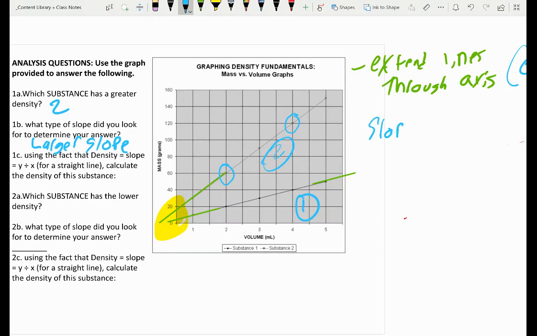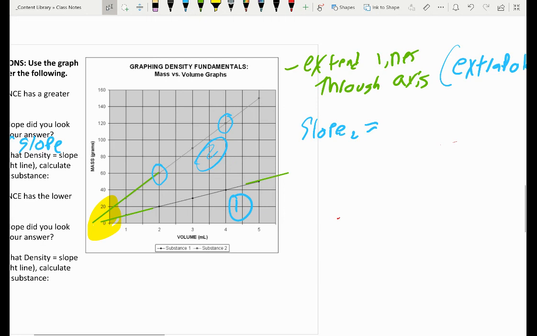So if we're finding the slope of the second line of substance 2, remember, it's y2 minus y1 over x2 minus x1. So for this top point here, what is the y value?